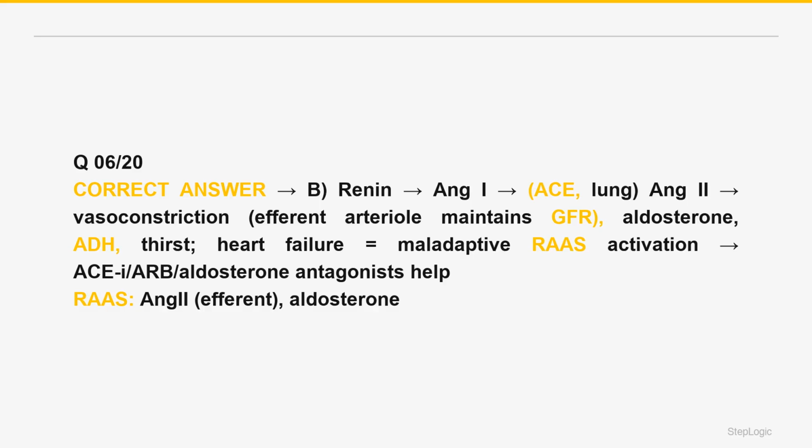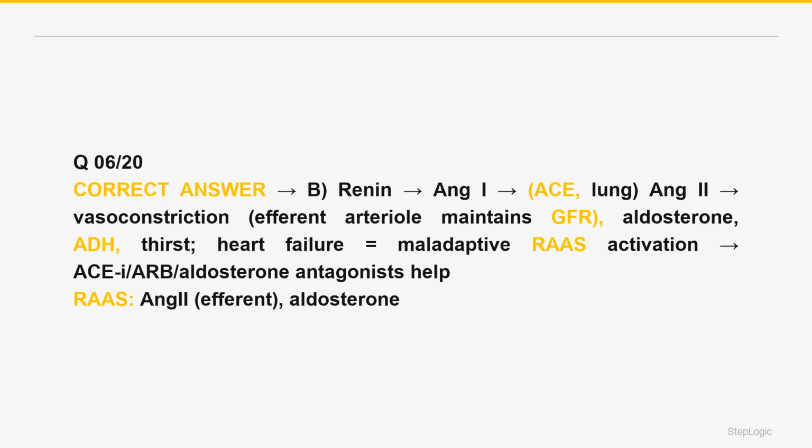In disease, this system becomes maladaptive. In heart failure, the falling cardiac output is sensed as low perfusion, so RAAS is chronically activated, driving fluid retention, congestion, increased afterload, and harmful remodeling. This is why blocking it improves outcomes. ACE inhibitors block ACE, leading to decreased angiotensin II, but raised bradykinin leads to cough.